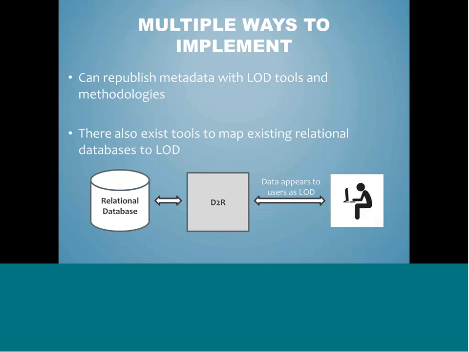So it appears to the outside world as you have linked open data, but really behind the scenes, it's a layer of software that sits on top of a relational database. And so our current implementation has a mixture of these two approaches, and we fully expect that moving forward, we're going to continue to see a mixture of these two approaches. So moving towards linked open data does not imply that you have to do away with your existing infrastructure.